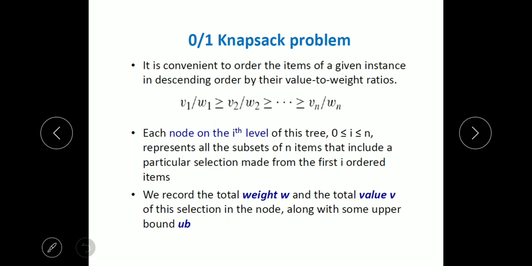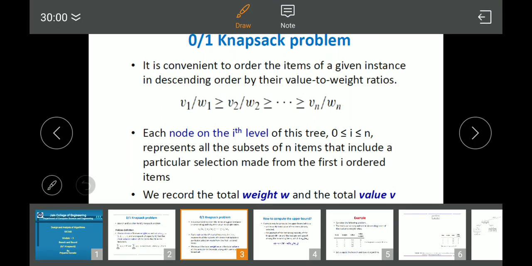And then we record the total weight w and the total value v of this selection in the node, along with the upper bound that is calculated on the value of any subset that can be obtained by adding some 0 or more items to this selection.